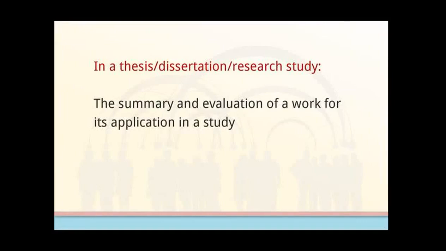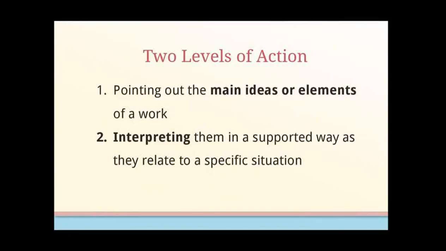And that's why usually graduate students are daunted about that task. So to do that, you need to move in two different levels, establishing and interpreting. First, you identify the main ideas or elements of the work, and then explain their meaning in relation to the work itself and the one that you are doing.